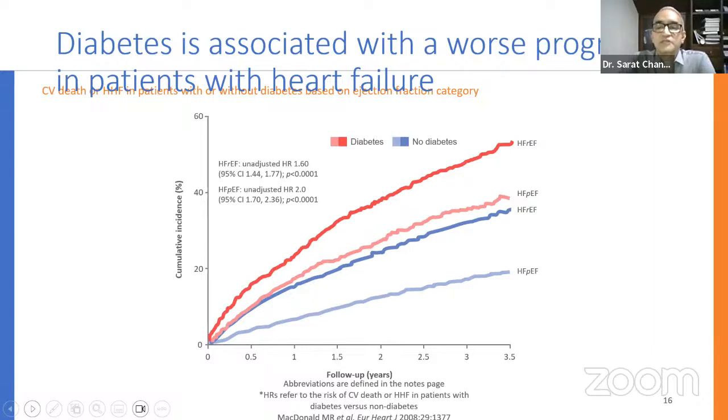The blue lines represent the curves among patients who do not have diabetes, the top one representing HFrEF and the lowermost one HFpEF. It shows that a non-diabetic may also have heart failure, but the diabetic heart failure behaves worse. So this takes home the same point.